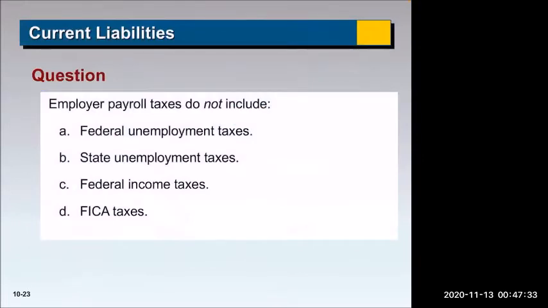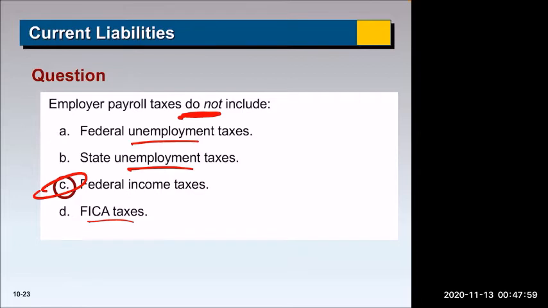Okay, so employer payroll taxes do not include what? Well, the additional payroll tax entry, the second entry, was FICA and unemployment, wasn't it? Now, for the employee entry, that first entry, there are federal income taxes.